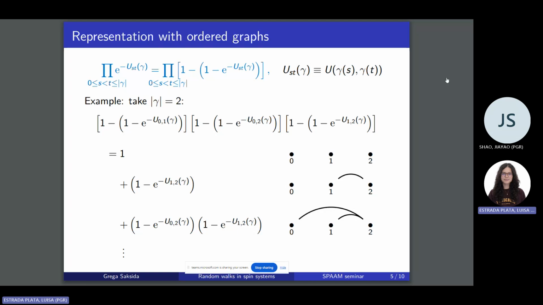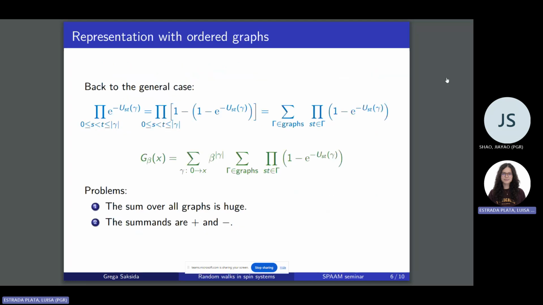This means that we are testing whether our walk intersects itself at these 2 time moments. So this term here will be represented by a graph that has 2 edges, and this one has no terms of this form, so it is just an empty graph. This is an illustration of how you can represent this weight using graphs.